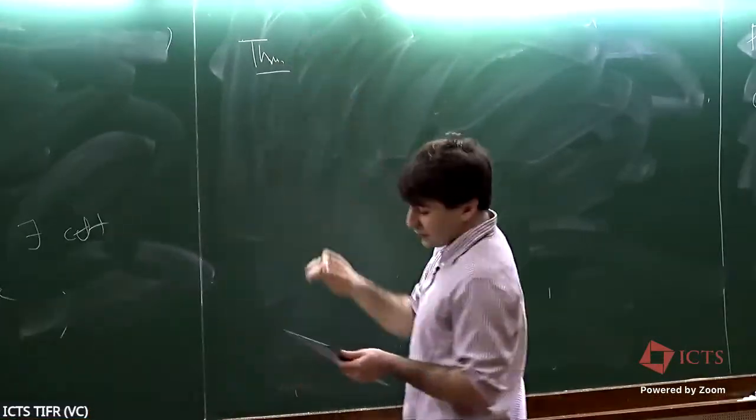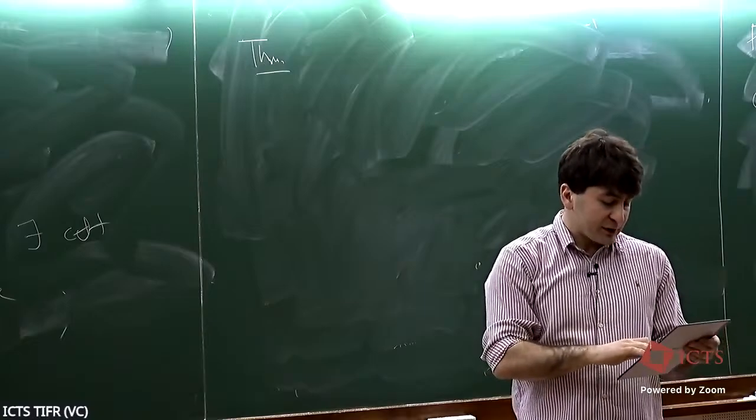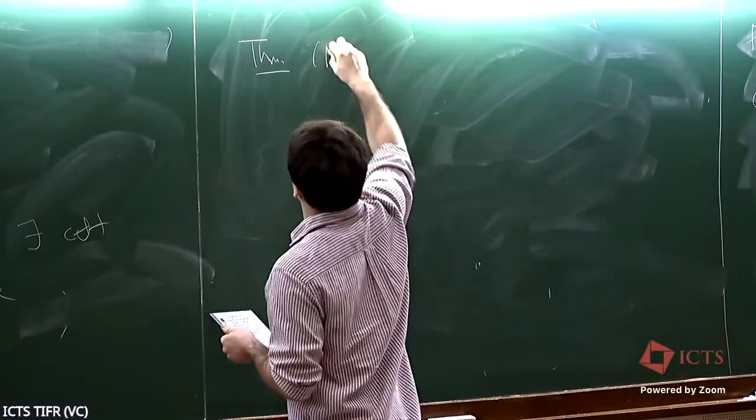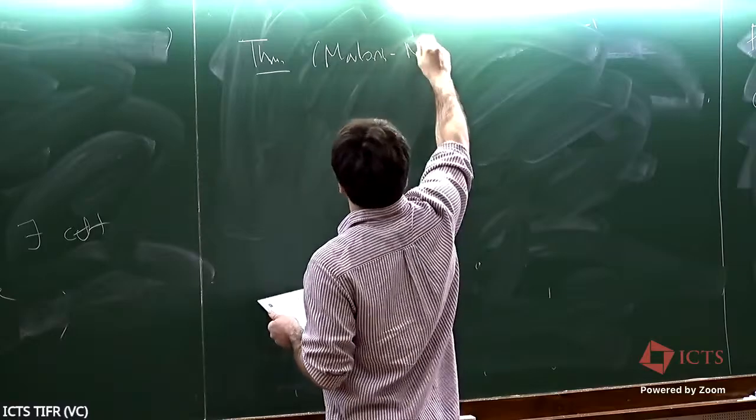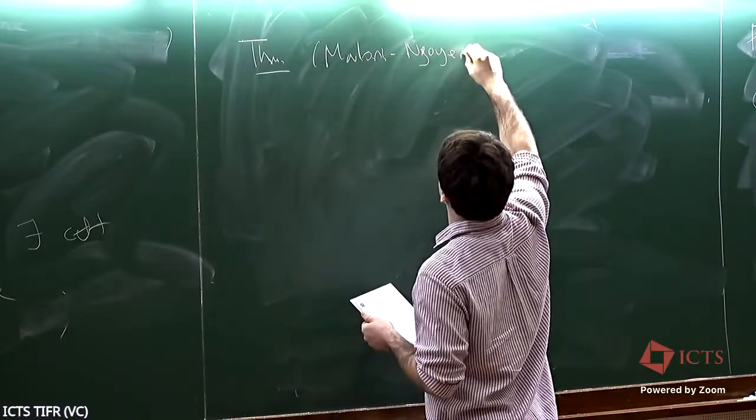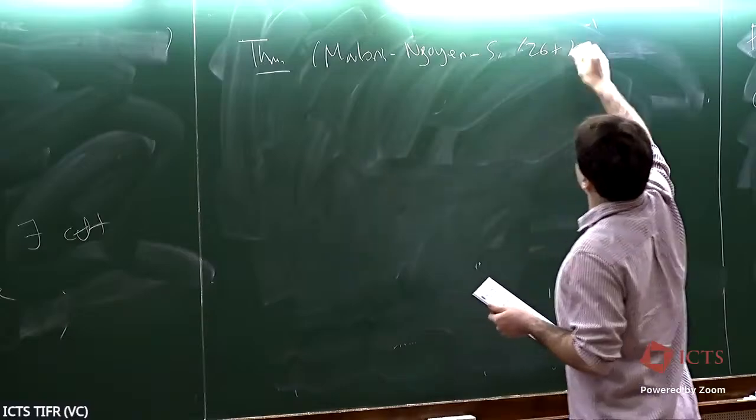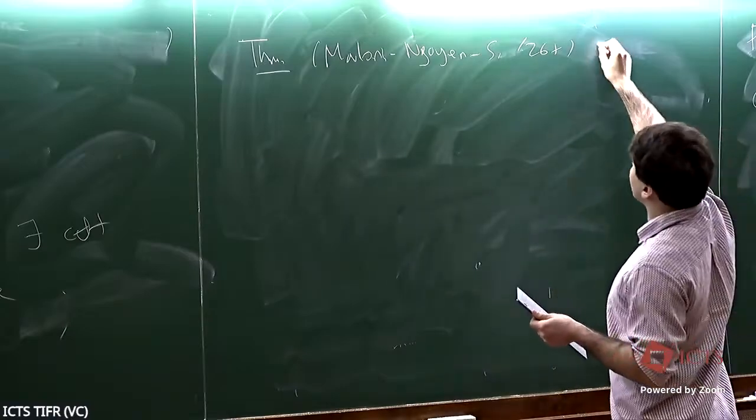So the first thing to do to understand the geometry of such maps is to prove an existence and uniqueness theorem. I'm just going to work in full generality for fun.